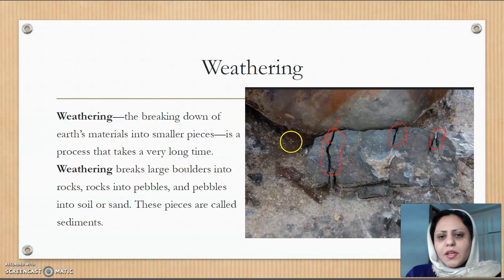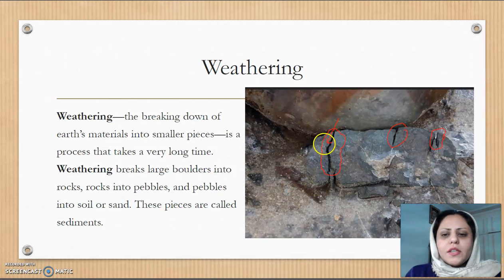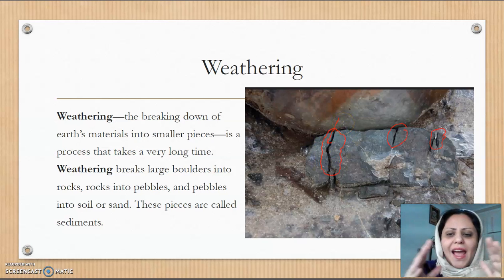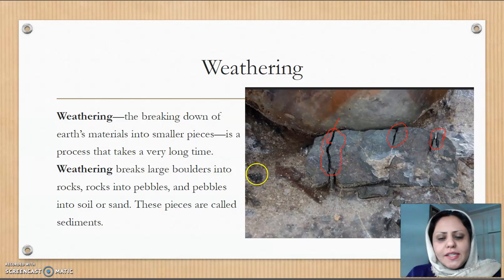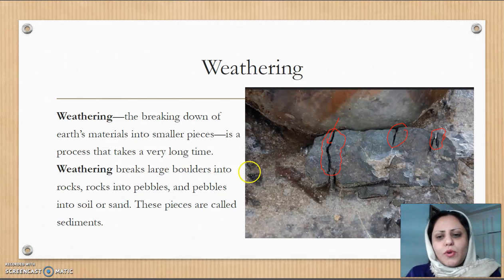Then at night, because it really gets cold and the temperature changes, for example during the winter, the water in the cracks freezes and changes into ice. We call this ice wedging, and because ice expands, it makes the rock break down.